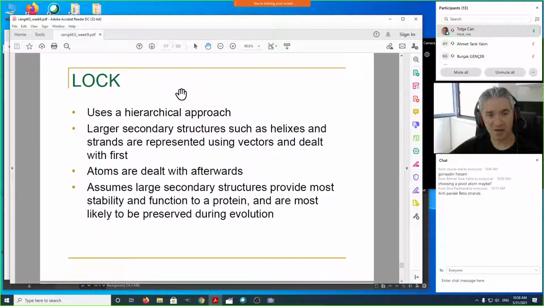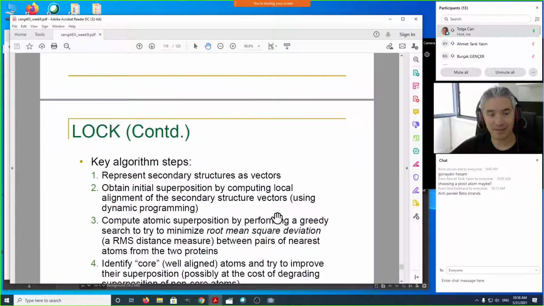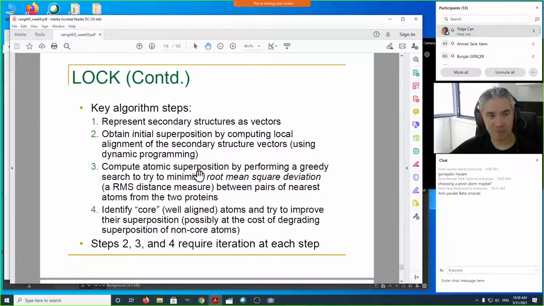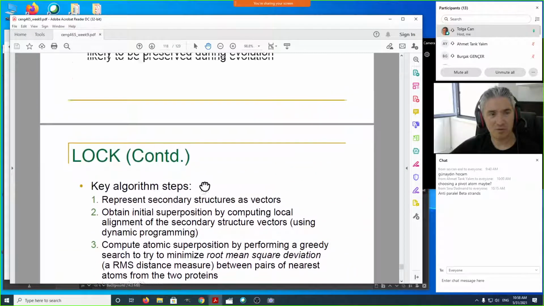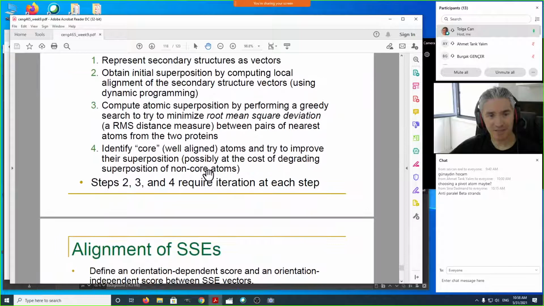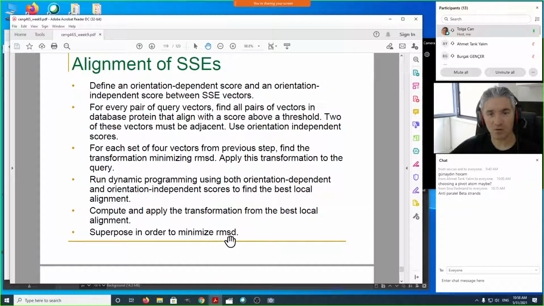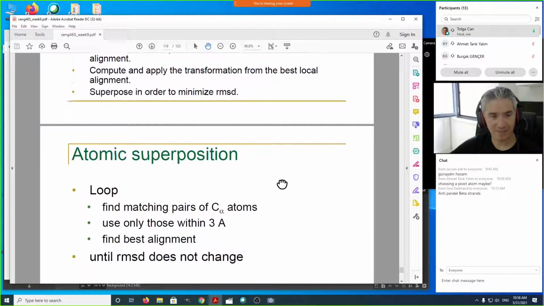And from the LOCK algorithm, you only need to know that it's a combination of secondary structure and atomic level comparison. So it uses helices and strands. They are represented using line segments as vectors and dealt with first. And then atoms are aligned later. I'm not going to go into talking about the LOCK algorithm in detail. You're not responsible for LOCK also in the final exam.